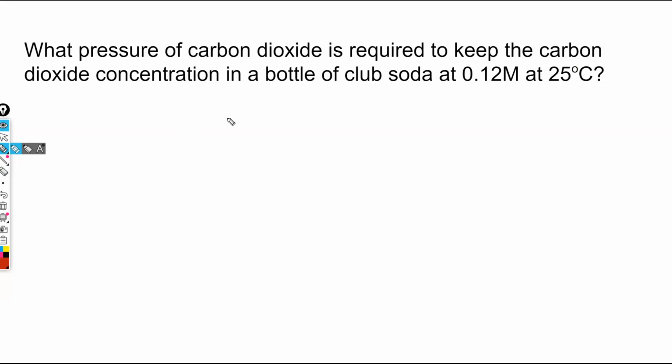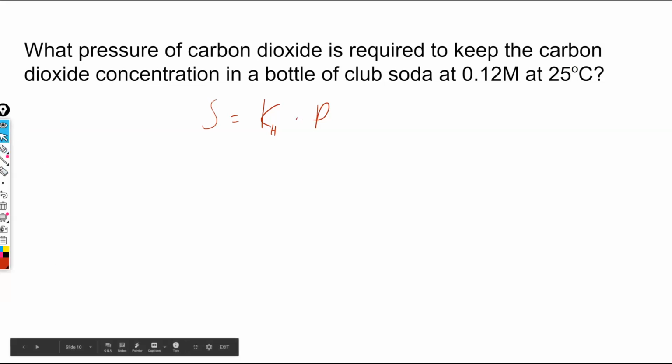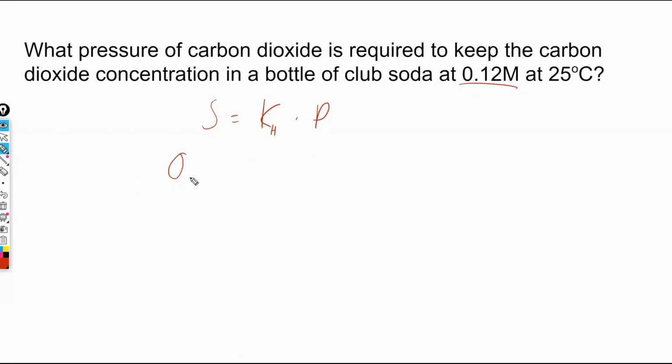So how that works is we are going to use our Henry's law equation, and we're going to look and see what they give us. So we're going to look at solubility, which is measured in molar. So we have 0.12 molar equal to, now we don't have this constant.